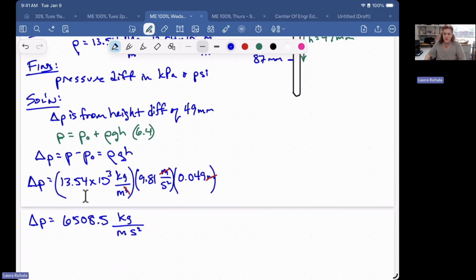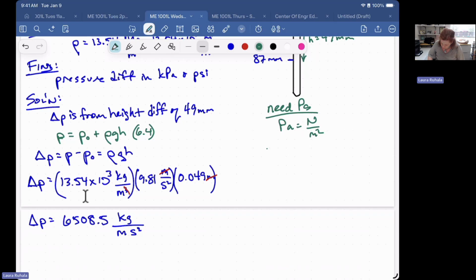We have it in terms of a kilogram. So what we need is a Pascal. We know that Pascal is a Newton per meter squared. Okay, that's what we're looking for.